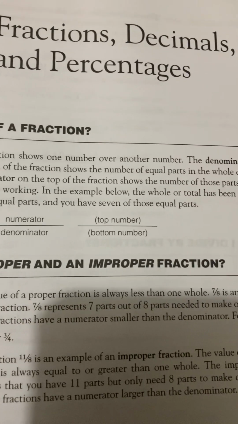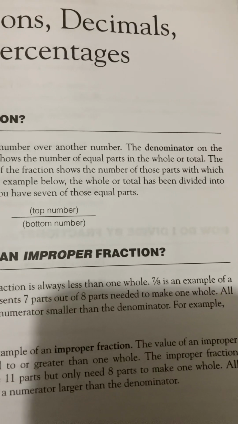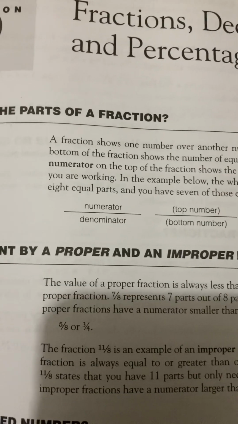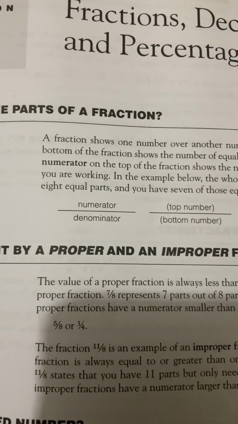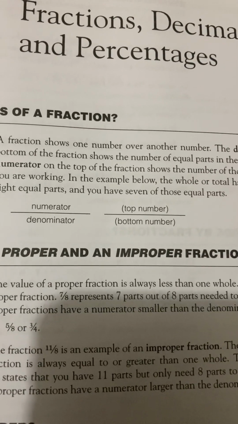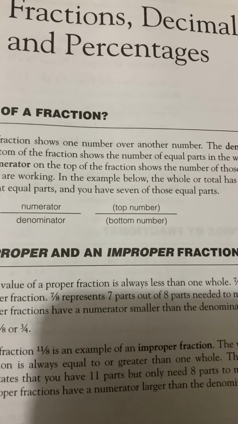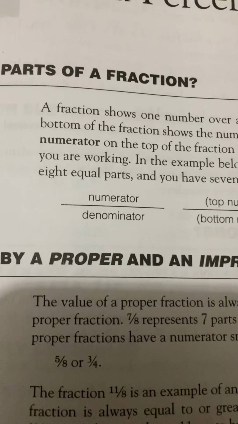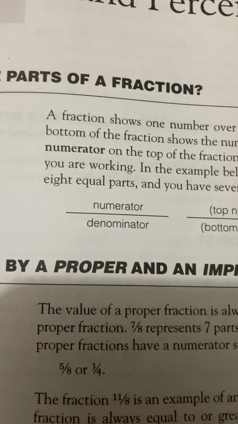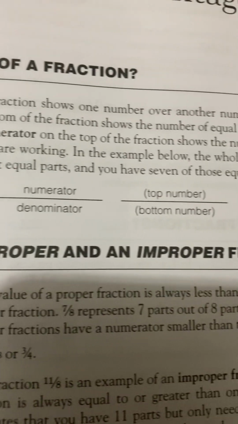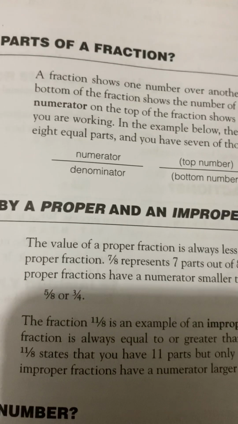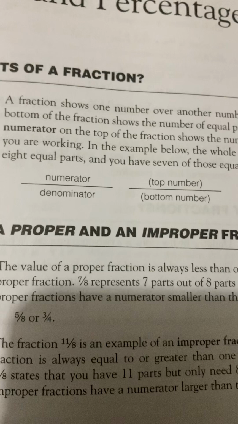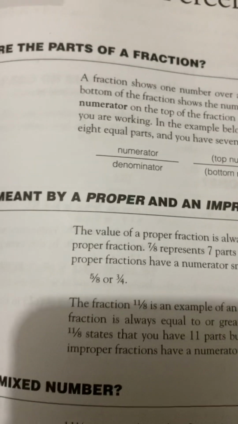In the example below, the whole or total has been divided into 8 equal parts, and you have 7 of those equal parts. The numerator is over the denominator. The numerator is the top number and the denominator is the bottom number.